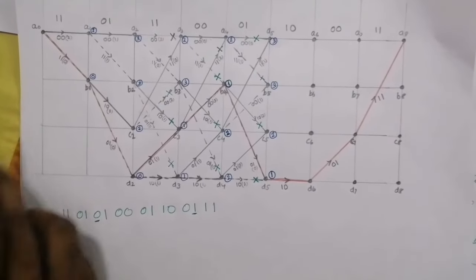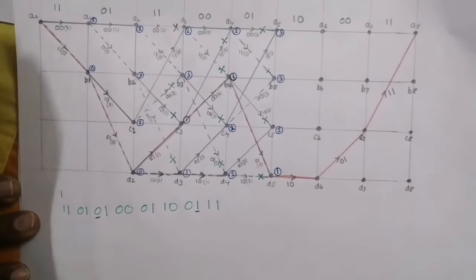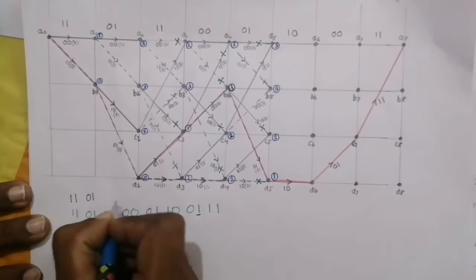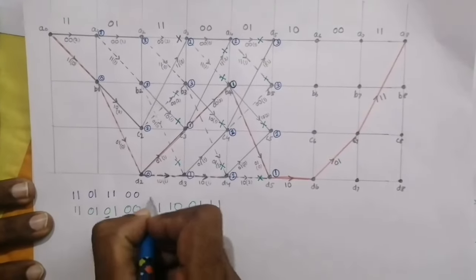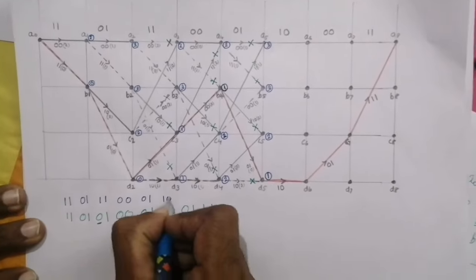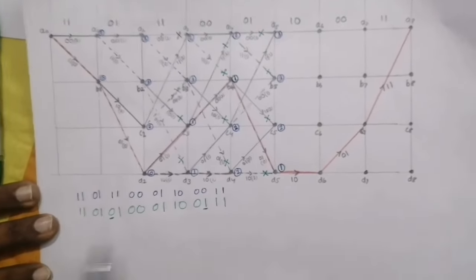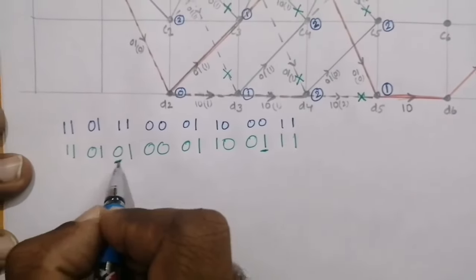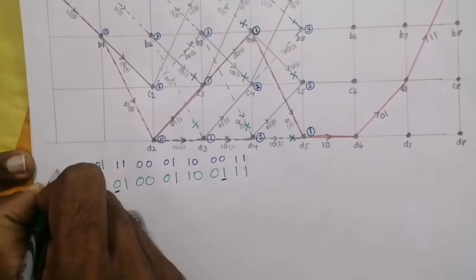As we know, the received sequence is 1 1, 0 1, 1 1, 0 0, 0 1, 1 0, 0 0, 1 1. So we can see errors occur at 2-bit positions, here and here. Now this is the received sequence.